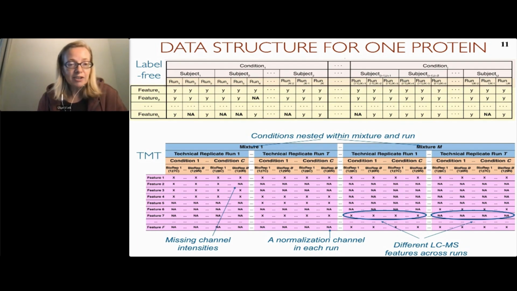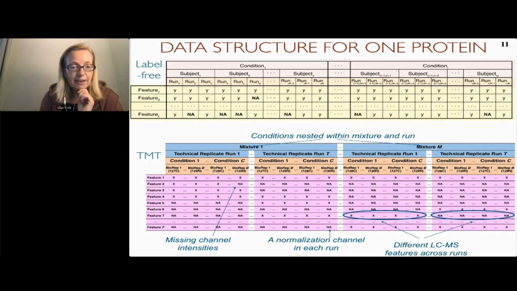And then another distinction is, now we have the rows in this data structure. They are features. And unlike in label-free experiments, where we either map MS1 peaks or fragments between the runs, or we propagate the intensities somehow, here we have DDA MS2 spectra, and we have much less ability to propagate the same feature across multiple runs.